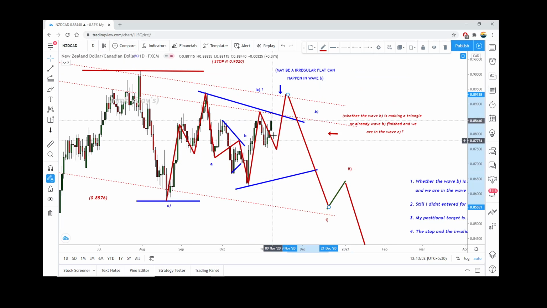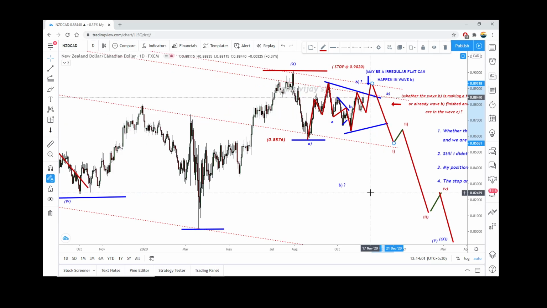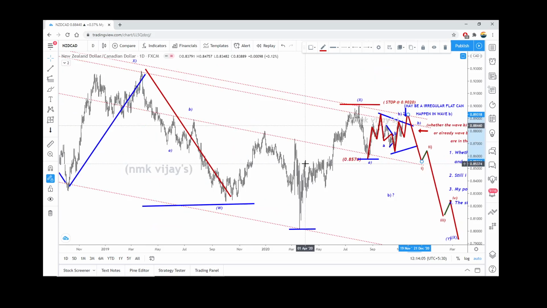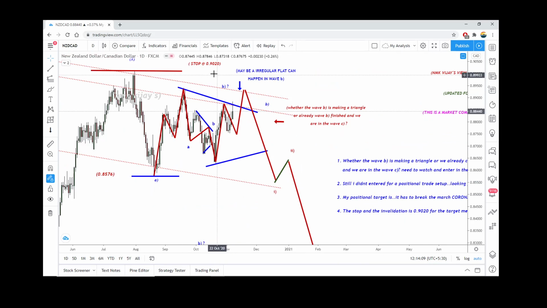Even if it is a triangle, once the B is completed, again there will be one more five-wave structure. That five-wave structure may be an ending diagonal triangle also, or it could be a free flow like this also. So just keep on watching that, and I placed the stop loss at 9025 because of the spread. 9025 I have already done, and I am in the trade at 8835.